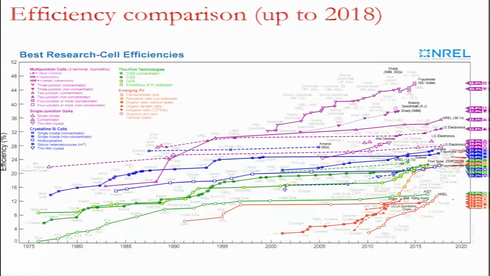Then we have inorganic CZTSe, which is copper zinc tin selenide, again a new PV technology, about 12.6%, a very promising one. Then we have organics in the red dots, which is at 11.5. Right now it is about 13-14%, the world record. So there are various technologies, and you can see on top of the chart we have these multi-junction technologies, which include more than one material.